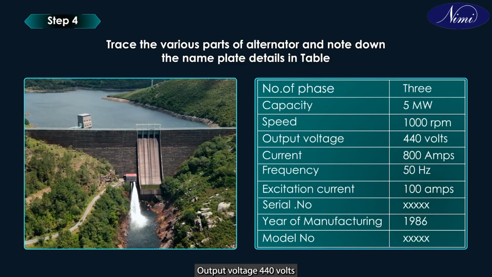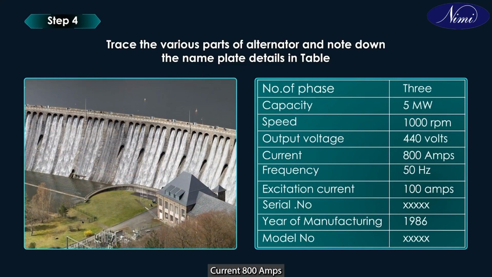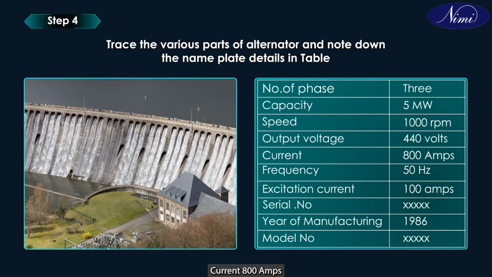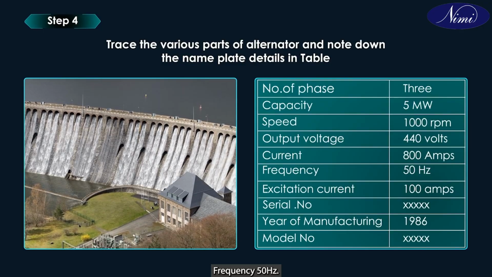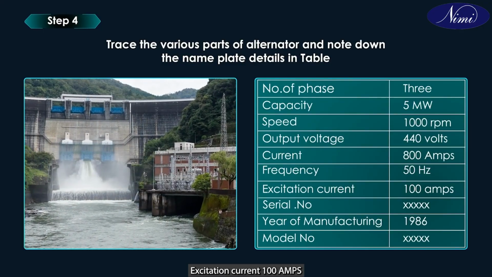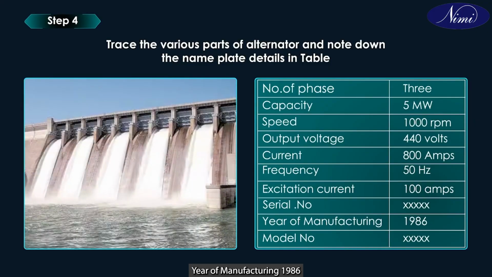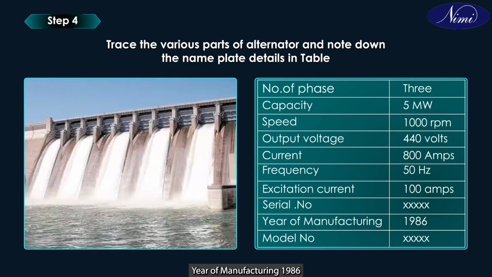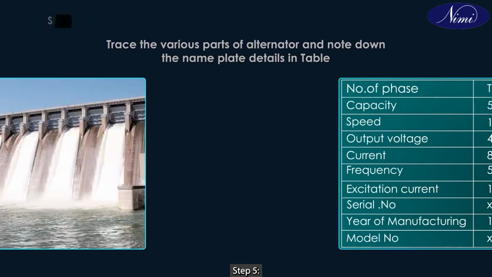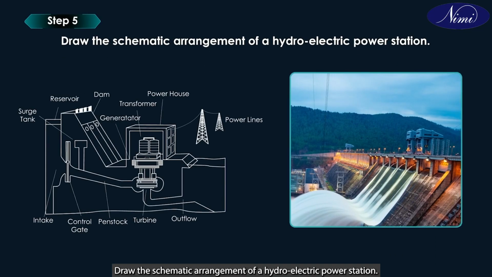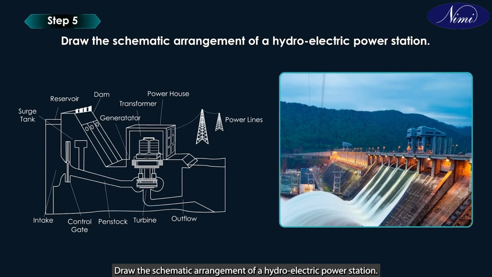Output voltage: 440 volts. Current: 800 amperes. Frequency: 50 hertz. Excitation current: 100 amperes. Serial number. Year of manufacturing: 1986. Model number.